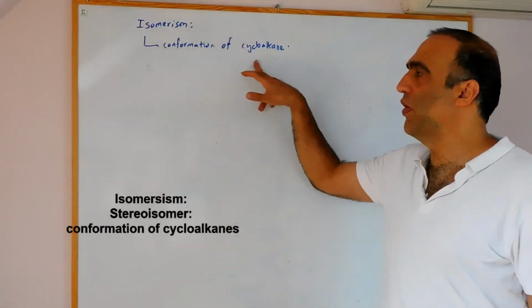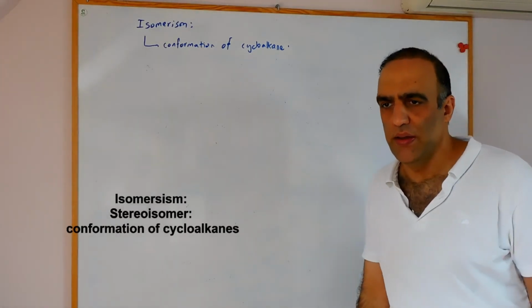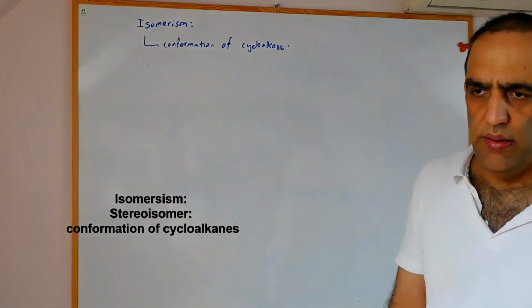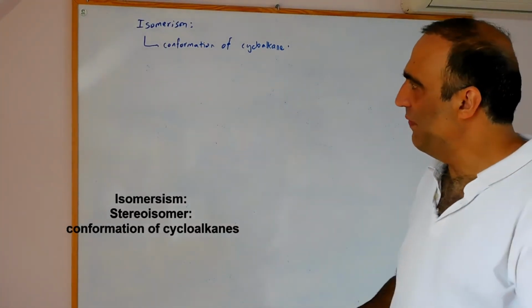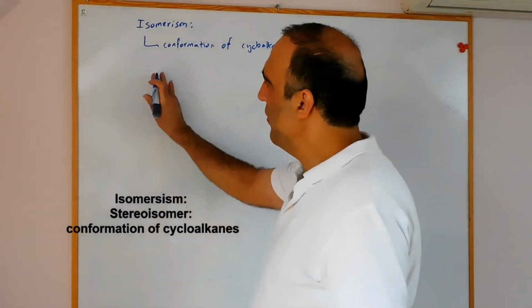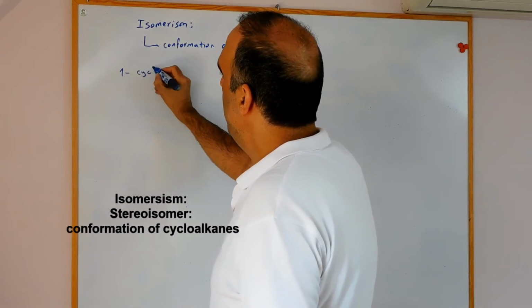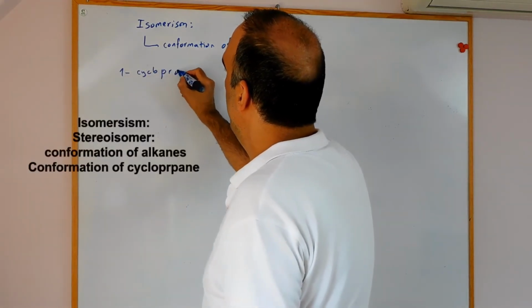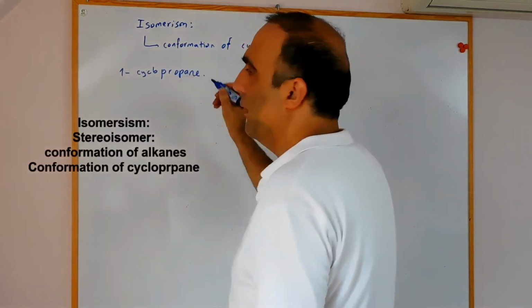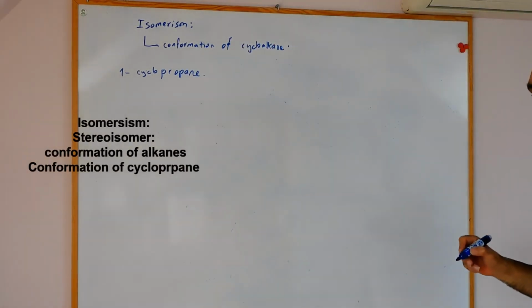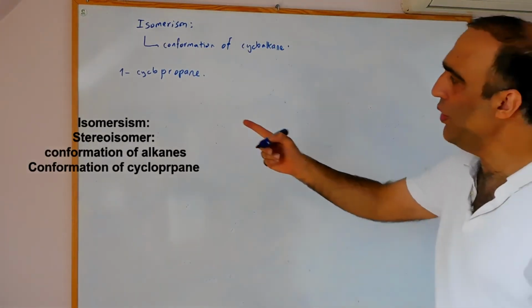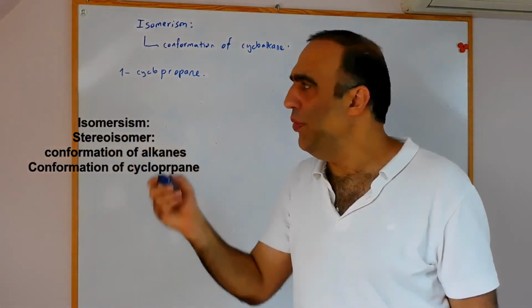Now we study the conformation of the cycloalkane. We start from the smallest cycloalkane, which is cyclopropane. Okay, in cyclopropane, the carbons are sp3.